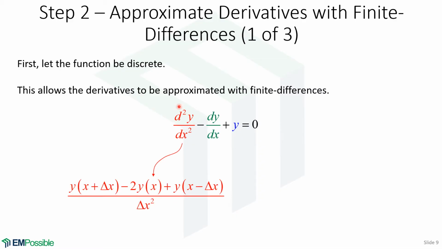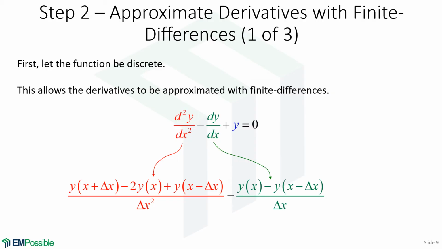So here we see a second order derivative of y with respect to x. We now know how we can write that. Y at the next value of x minus 2 times the value of y at x plus y at the previous value of x, all divided by the spacing delta x squared. We now know that that is the finite difference approximation for a second order derivative.